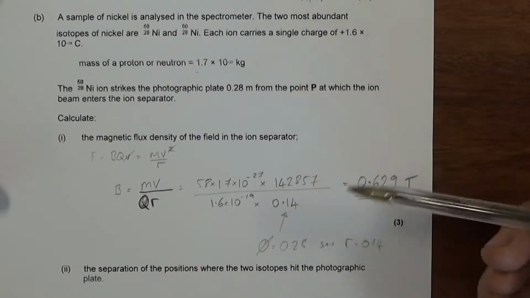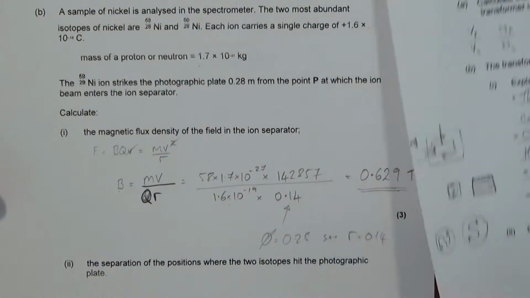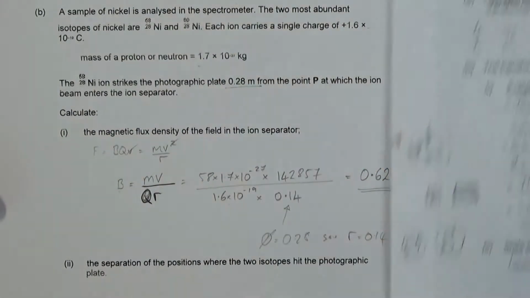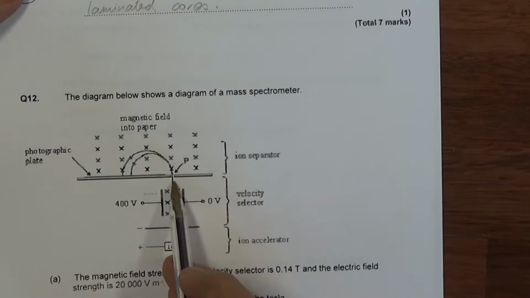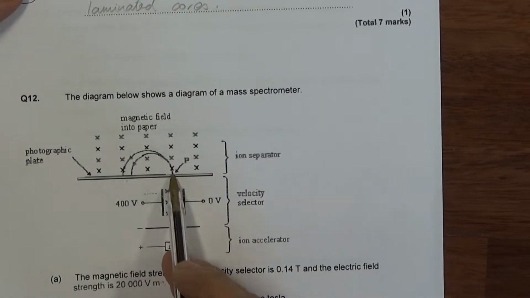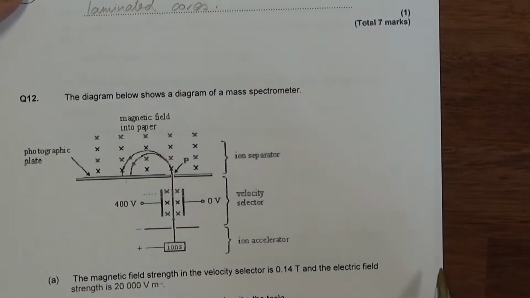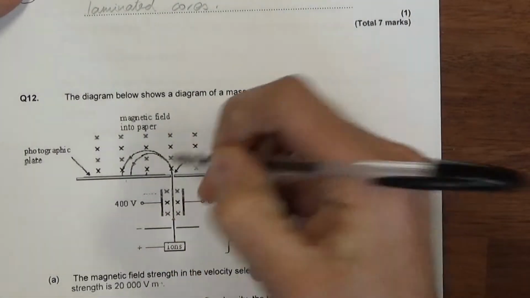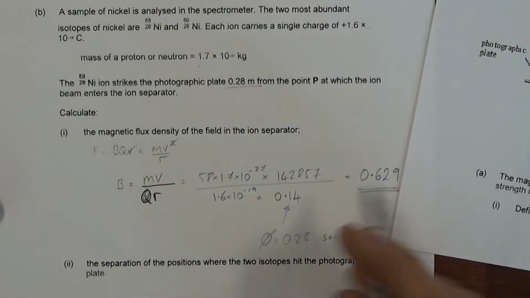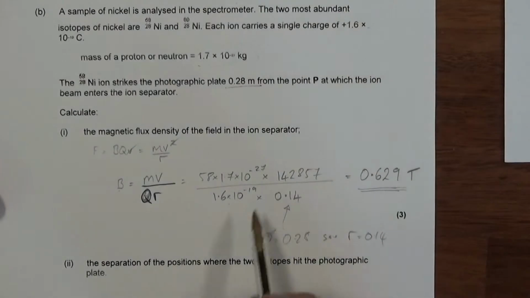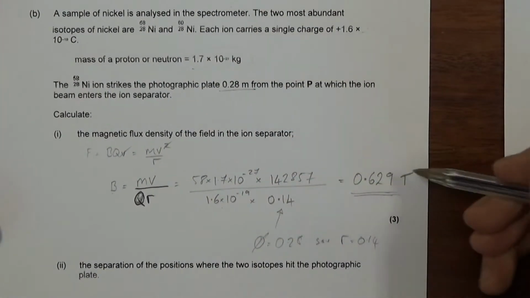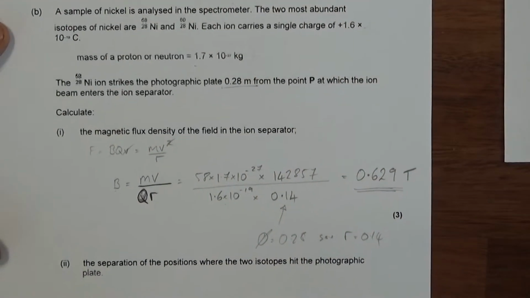And the radius. Now here you've got to be careful because it says it strikes 0.28 meters. This distance here is 0.28 meters, which means the radius is of course half of that. So you've got to divide that bit by 2, and when you do that, it comes to 0.629 Tesla. Well, that's what I make it anyway.